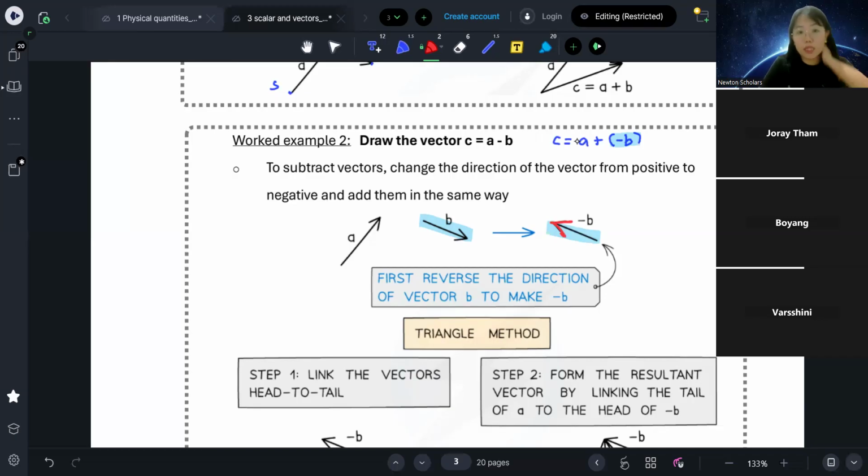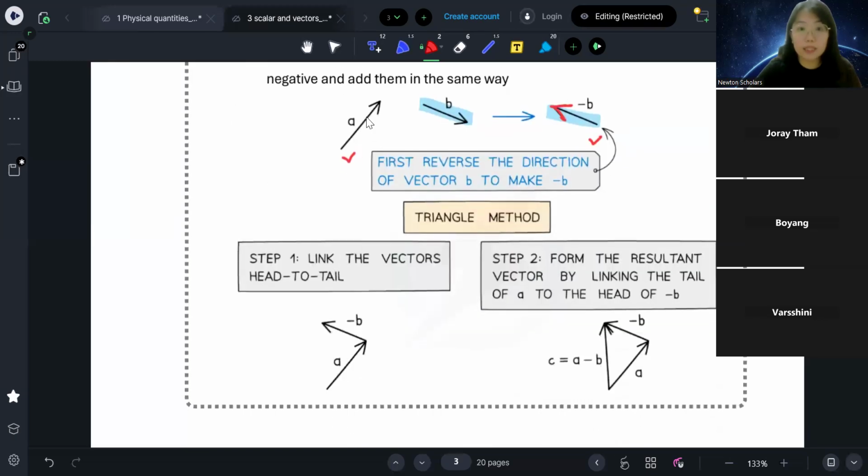So we should use this and this. And just now I mentioned we need head to tail. Using the head, go and find the tail of the other vector. So here we can form it like this. This one we move to here. So we get A plus negative B, and the negative B we already changed direction.